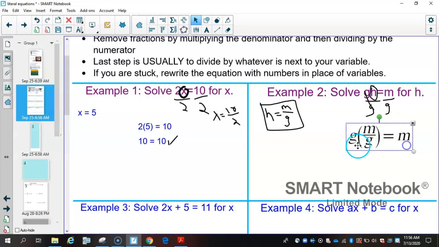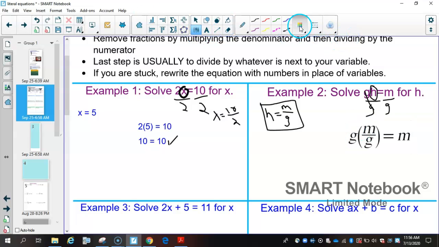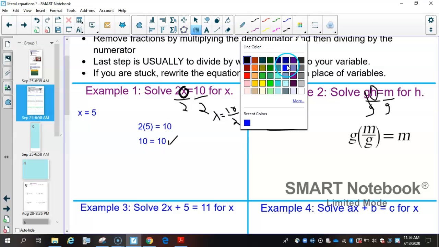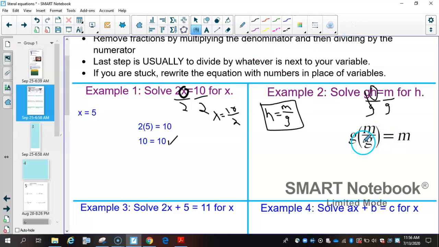Okay, so this is the original problem, but now it has our solved for h expression in place of h. And now we can solve this. So I can say this g and this g, because I'm technically dividing, these will cancel, become 1, and then I'll just be left with m equals m.